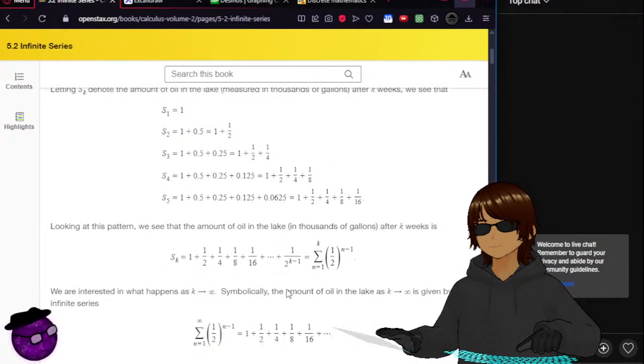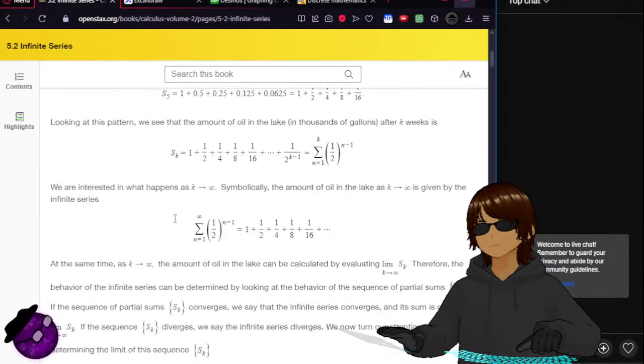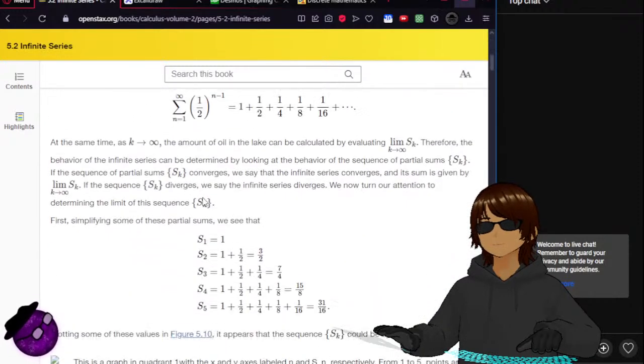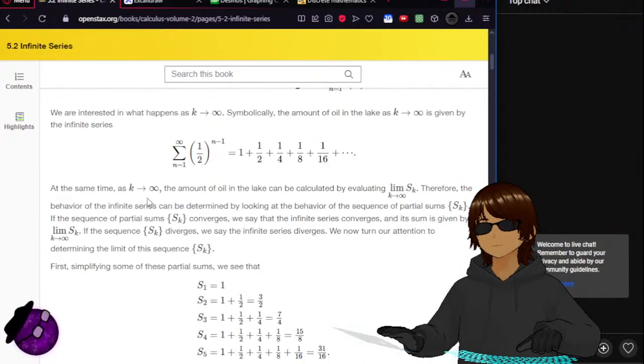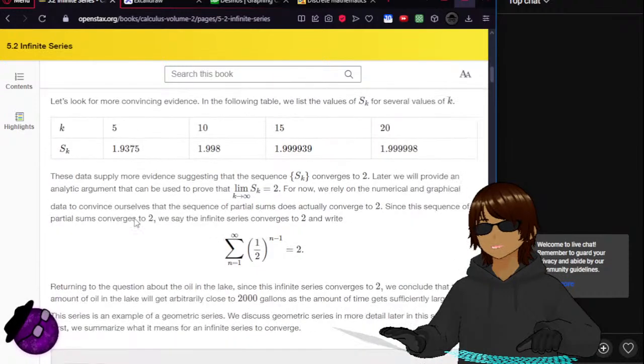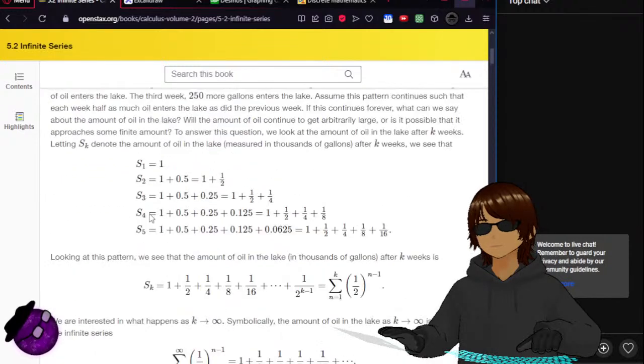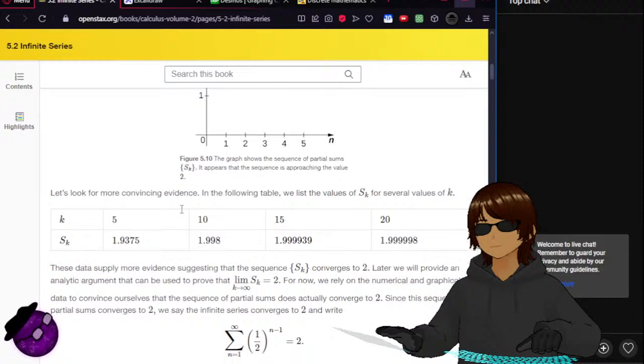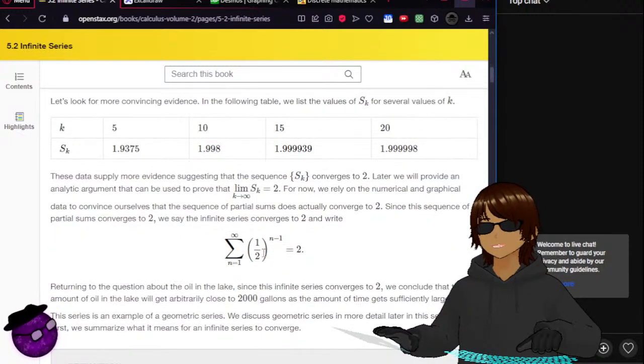One plus a half. We are interested in what happens as k goes to infinity. So this is the sum to infinity of half to the power of n minus 1.